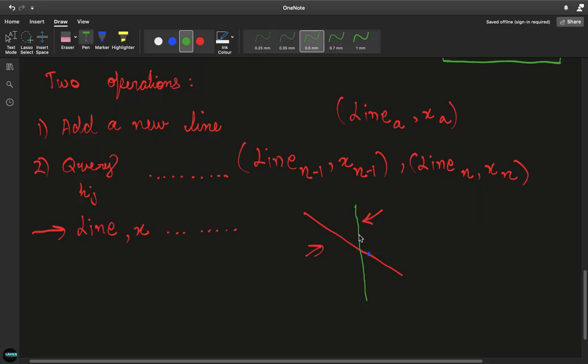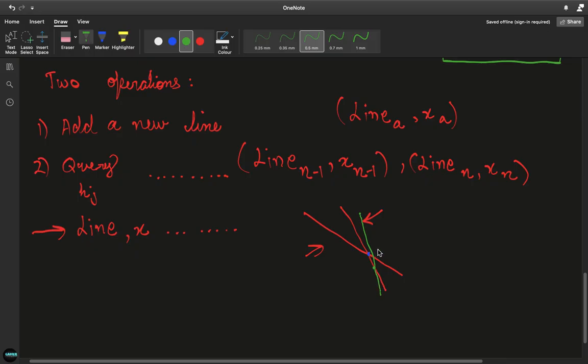Now when this case is false, which means we have something like this, we can clearly see that this last line is giving us the minimum value up till this point. After that the green line becomes better.